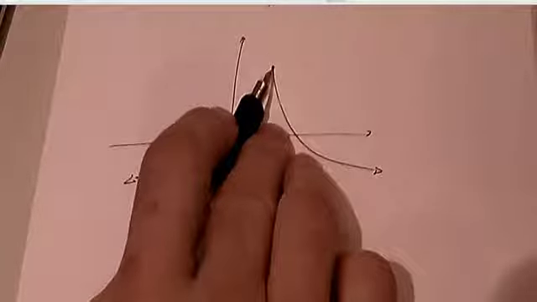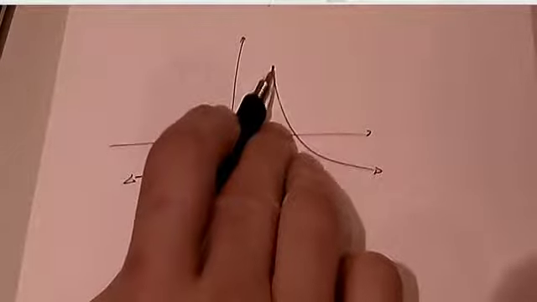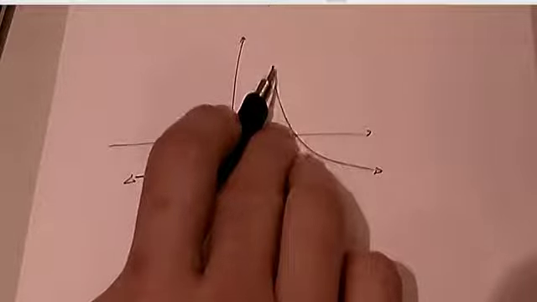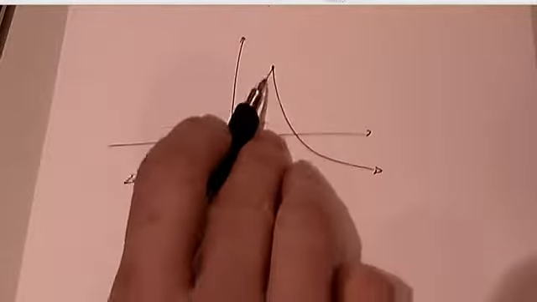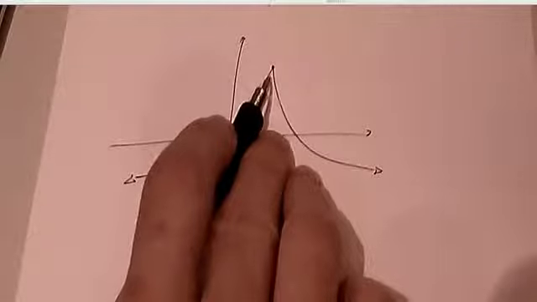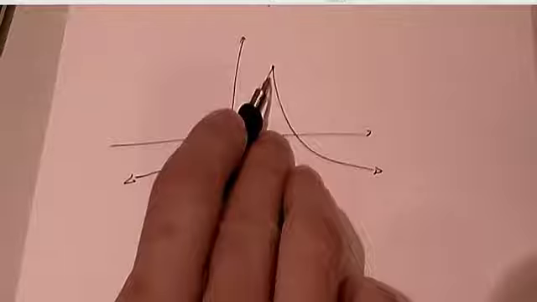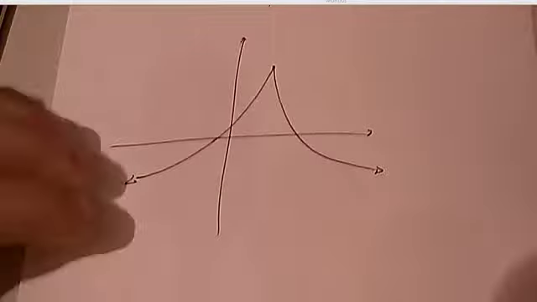So in order to find this particular point, I would have to take the derivative and figure out where the derivative is undefined. And where the derivative is undefined, the original function is not differentiable, okay? So here we have two different ways of finding extreme points using our new friend, the derivative function.